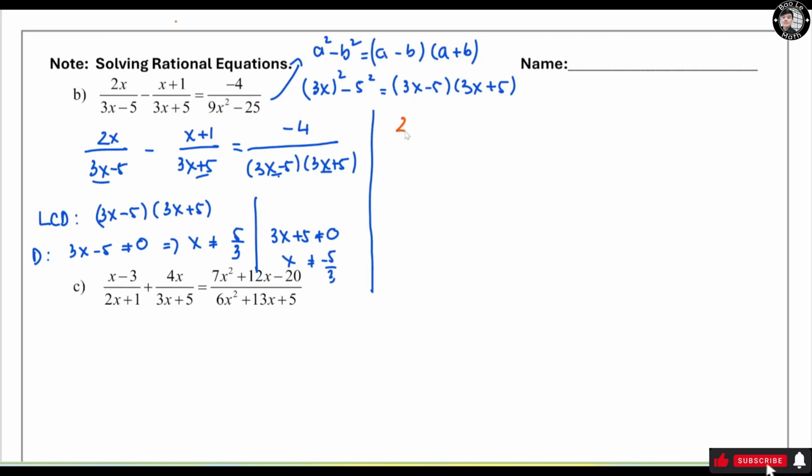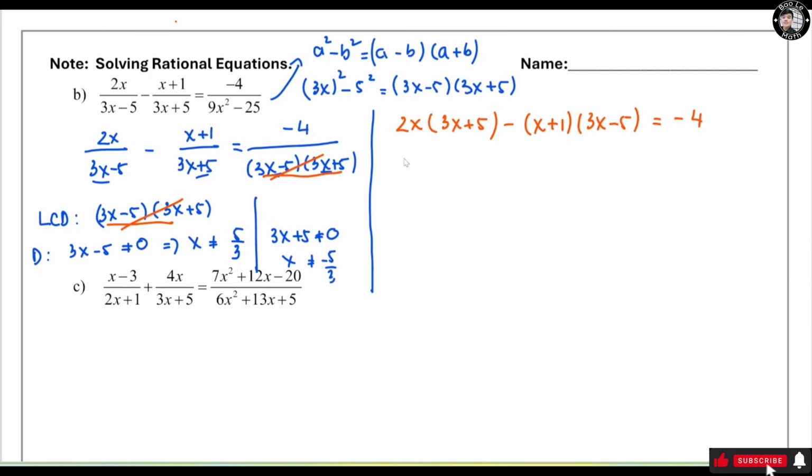So we have 2s times 3s plus 5, minus, don't forget parentheses, s plus 1 times, we have this and the LCD is right here, so this and this cancel out, and we have this one left. We multiply this by 3s minus 5 equals -4. That's it, because if you multiply both sides by the LCD, these cancel out and we have -4 left.